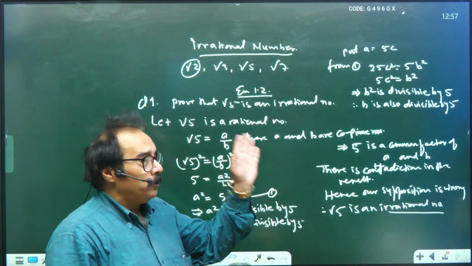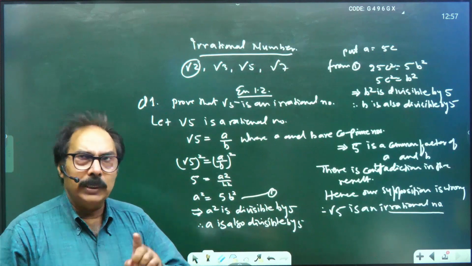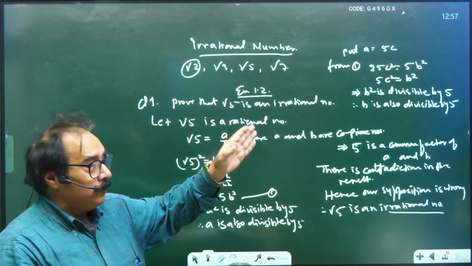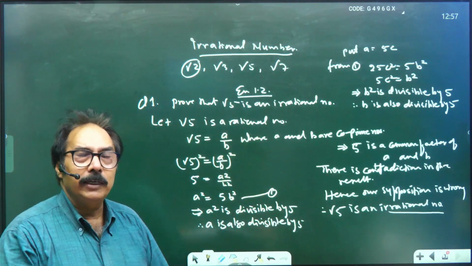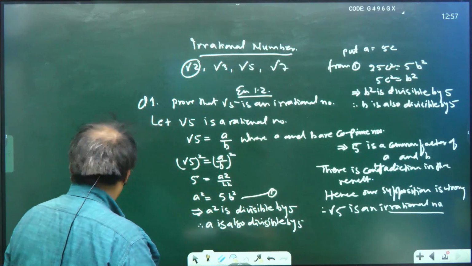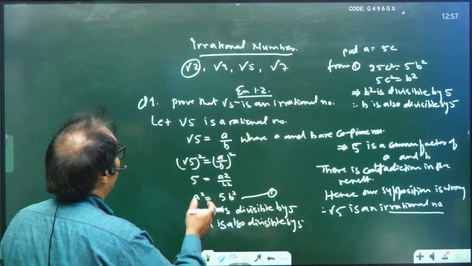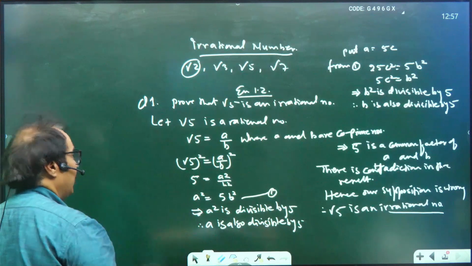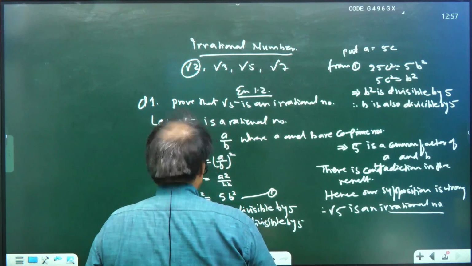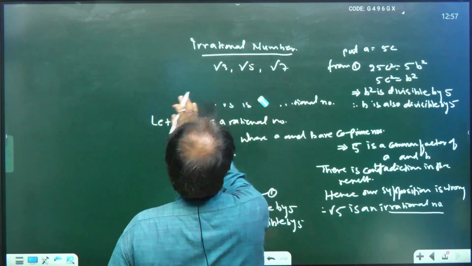This type of question, root 5, root 2, root 3, it is always asked in the board examination or your internal examination, to show that root 5, root 3, root 7 is an irrational number. Just for perfection, I am taking another number, that is root 3.